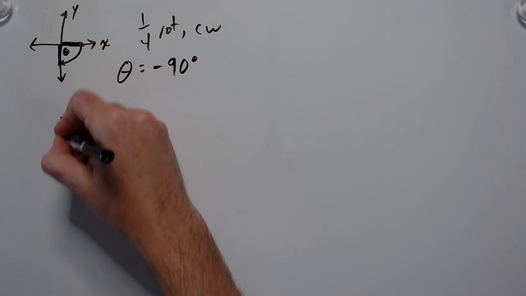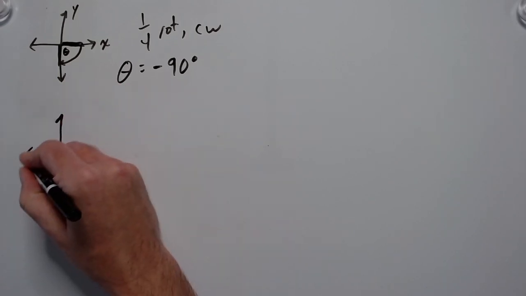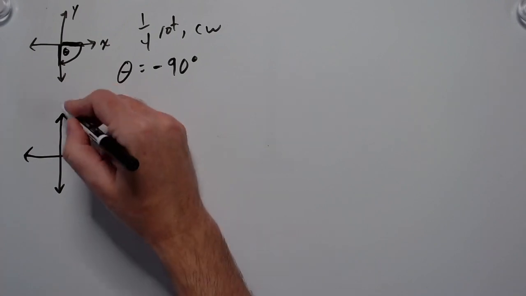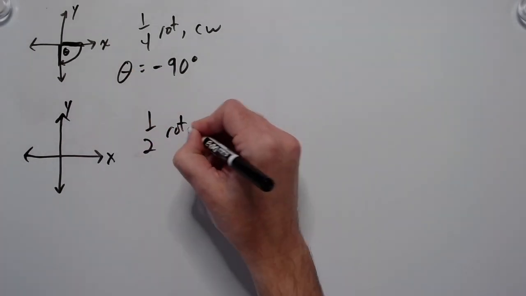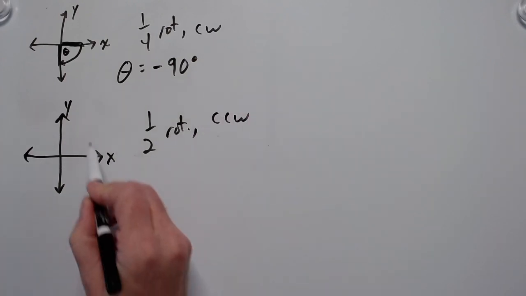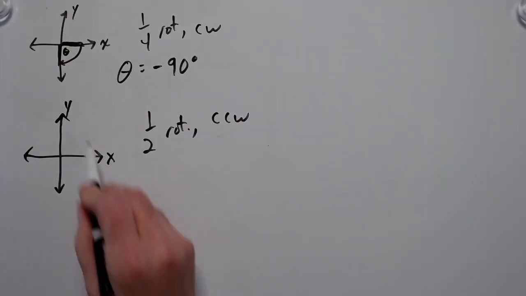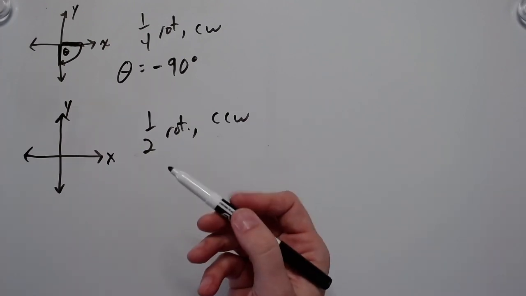So theta would equal a negative 90 degrees because we went clockwise. I'll do another example right down here. Drawing our xy plane. Let's do 1/2 of a rotation, but this time we'll go counterclockwise. So we're going to go this way around the axes here. But since it's counterclockwise, it's a positive measurement.